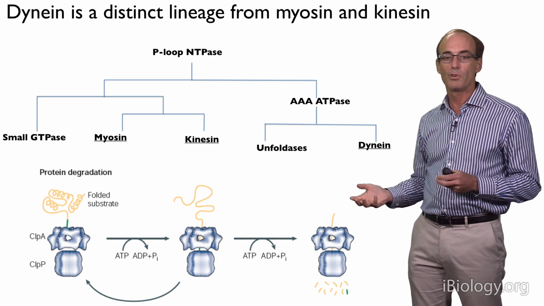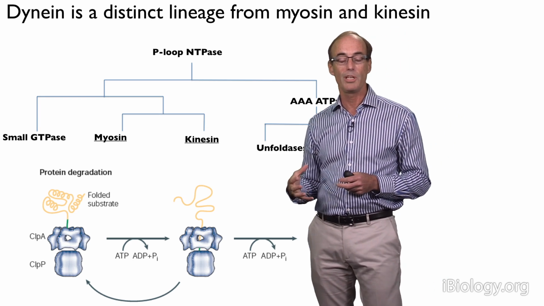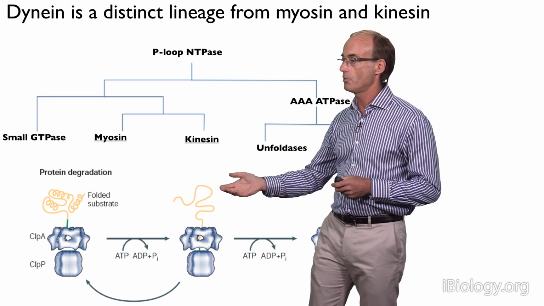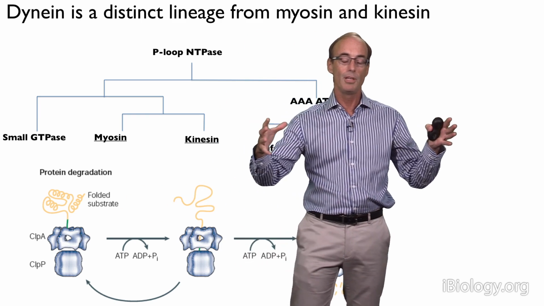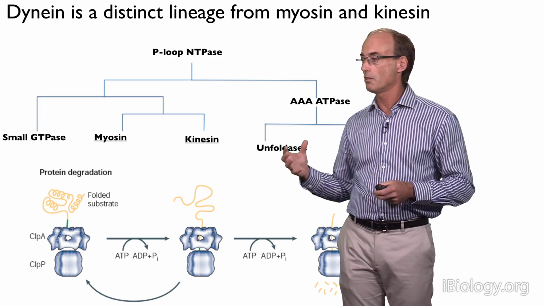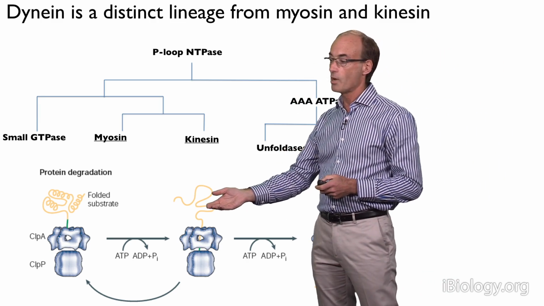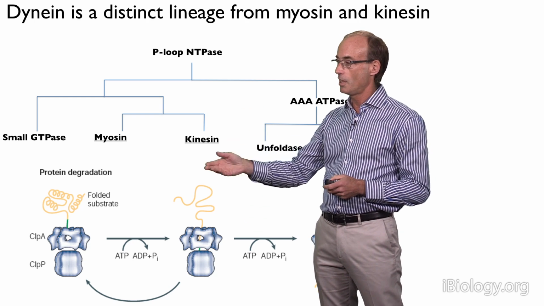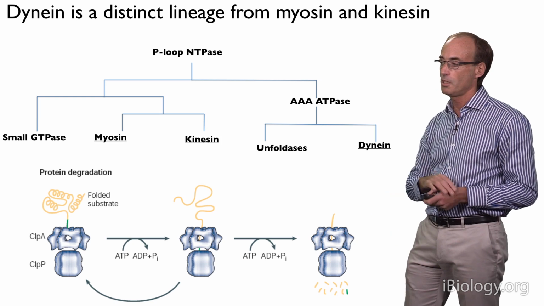So an example that occurs in bacterial and eukaryotic proteolysis is that there's AAA ATPases that sit on top of the proteolytic chamber, and their job is to take an incoming polypeptide and basically unravel it and stuff it through this hole into the proteolytic chamber so that the polypeptide can be degraded.